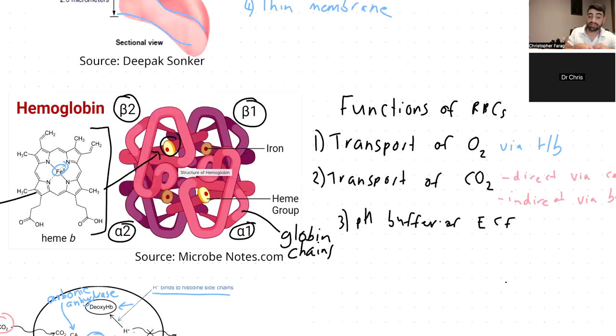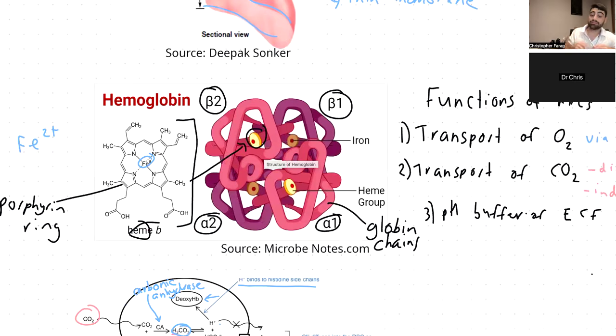Hemoglobin is a protein which consists of 4 globin chains. The majority of hemoglobin is HbA, which has 2 alpha and 2 beta globin chains. Now, at the center of the globin chain is the heme component. Heme has a porphyrin ring and a central iron 2+ atom, which allows binding of oxygen.